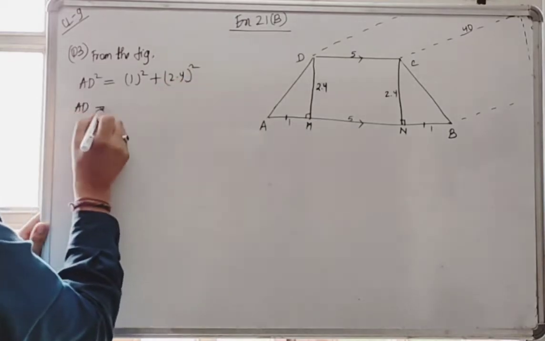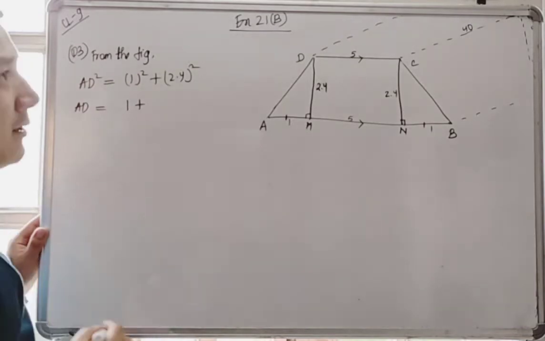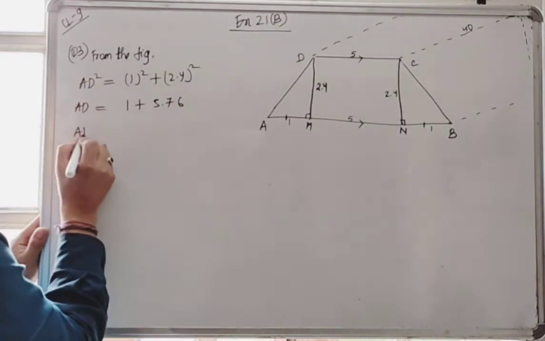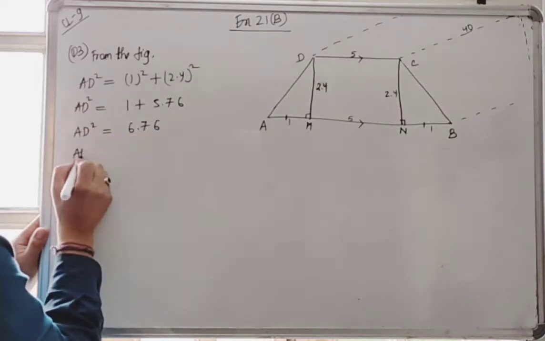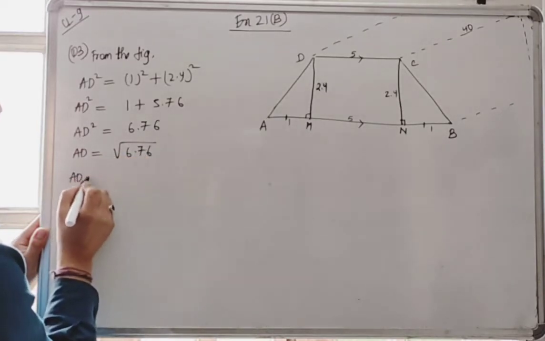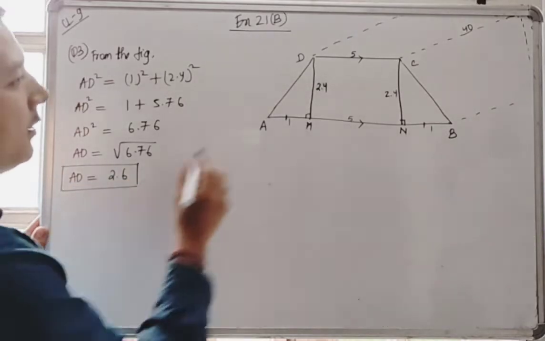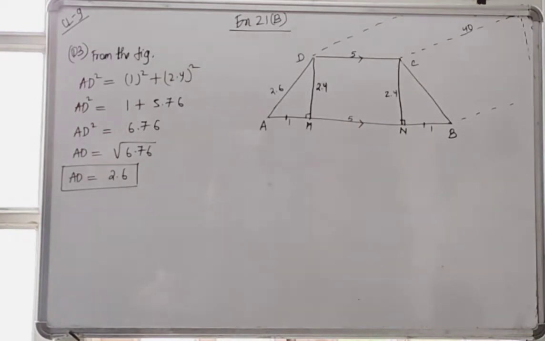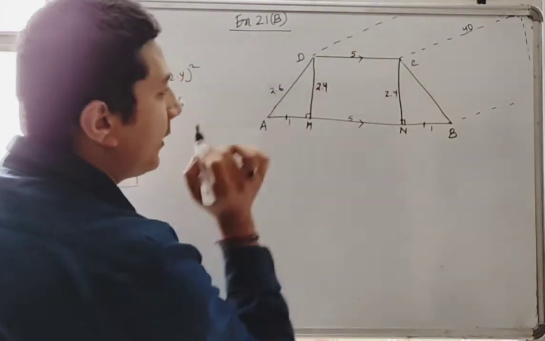So AD square will be 1 plus 5.76, which is 6.76, and AD will be root over 6.76. You calculate this, it will be 2.6 because 676 is a perfect square. Okay, now I got AD equal to 2.6.